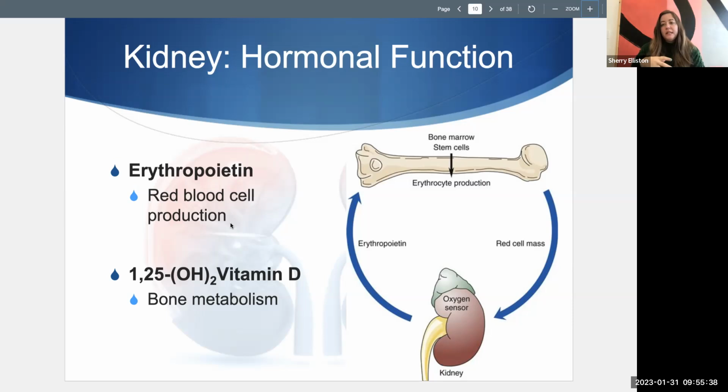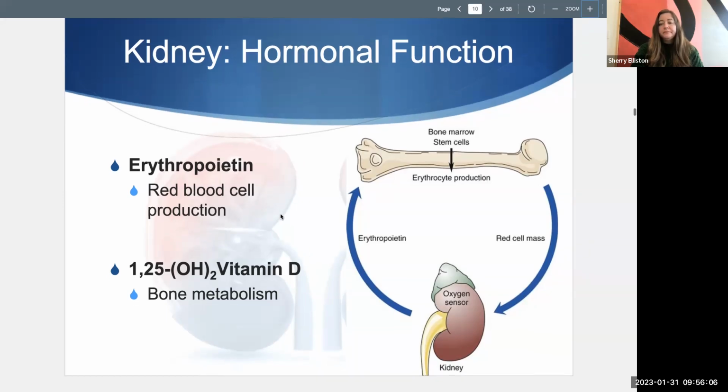If your kidneys are diseased, then you're not getting the stimulation or activation, I like to think of it, of erythropoietin. So the amount of red blood cell production in the body is reduced. Kidneys are also important for vitamin D activation, and that can also be compromised greatly in cases of overt kidney disease.